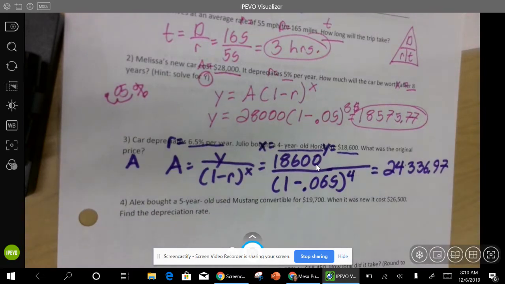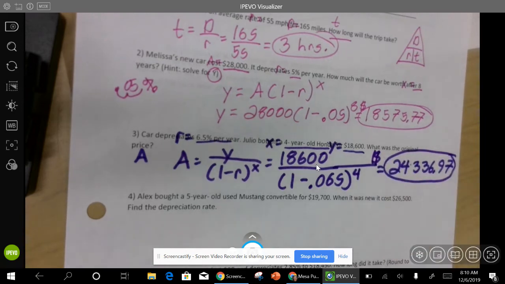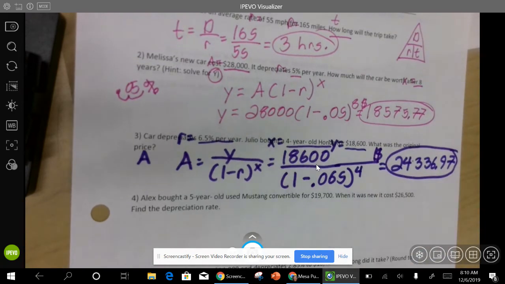I'm just going to double check that one. Everybody always double check, just make sure we're getting these correct. And so everybody, this would be our price for A, the original price. When it's the original price, we're solving for A.